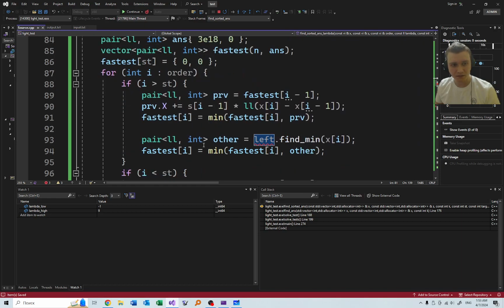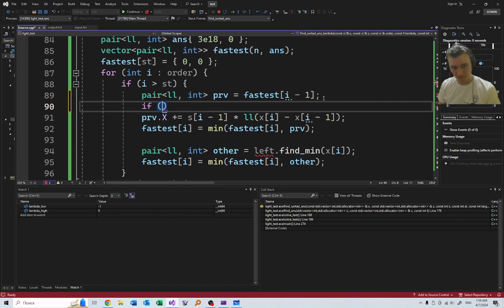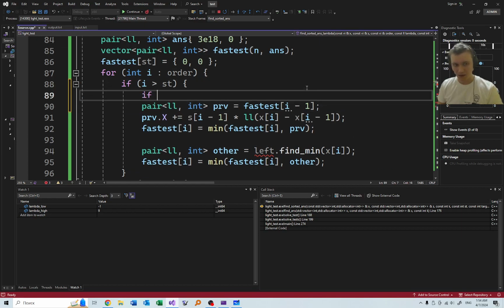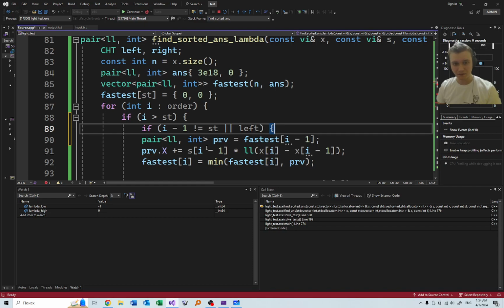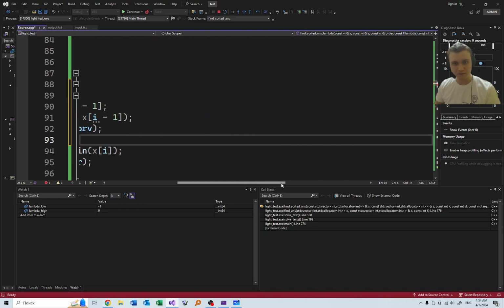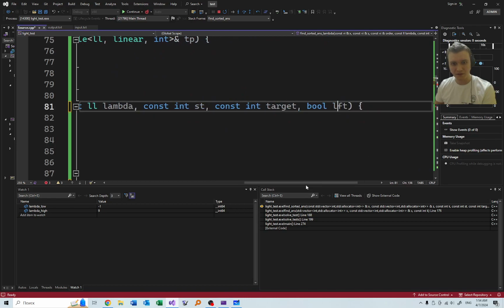We say here that if I minus 1 is not equal to start, or if we are allowed to go left, then this.